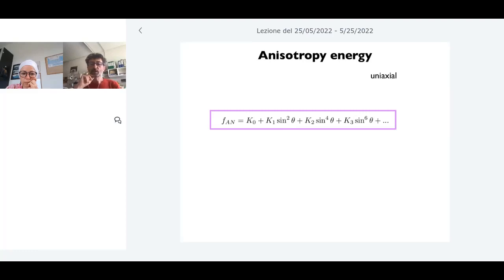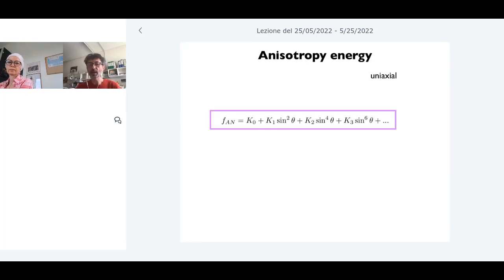Well, what you see there is a very simple expansion, quite obvious. You may say that theta is just the angle formed by the magnetization vector with the easy axis that you may have in your crystal, one easy axis. And then you expand the energy as a power series. You can only contain even powers of the sine.